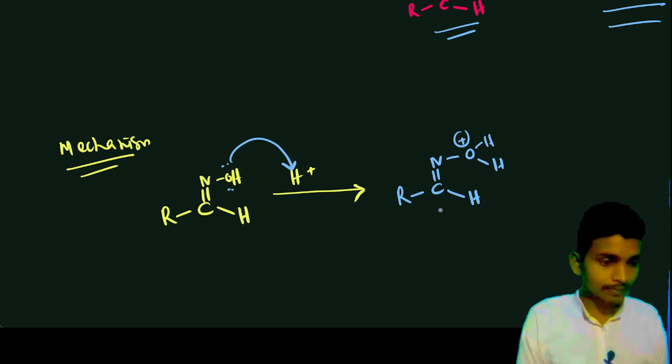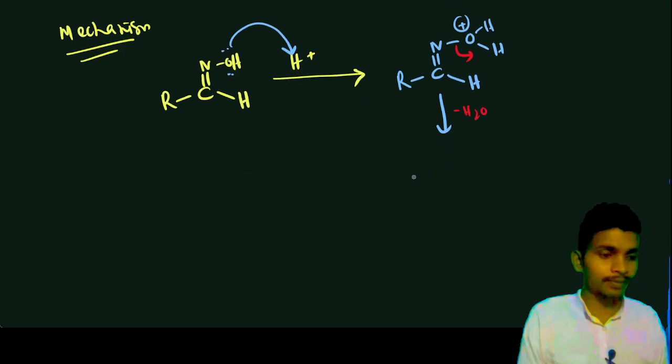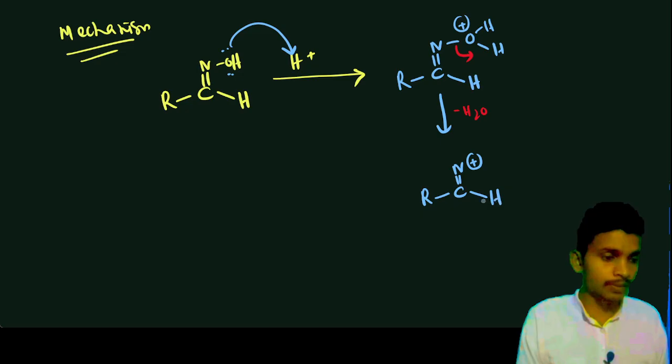Now what will happen? Water will be released. So what we will get is R C double bond N, with a positive charge, and here we have the hydrogen. Now this water we have released.